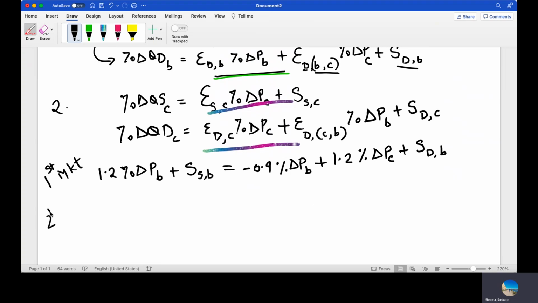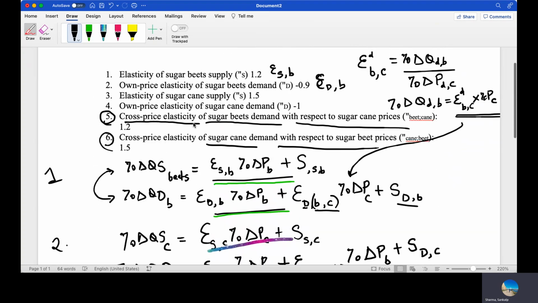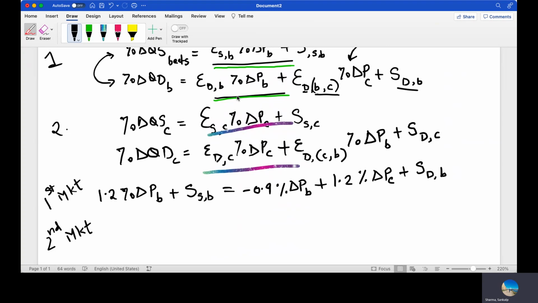Now you have the second market, which is the market for cane, and you do the exact same thing. You equalize these two lines with the space coloring here, star coloring or whatever you want to call it. So let's look at what the elasticity of supply for sugarcane is. It is 1.5.